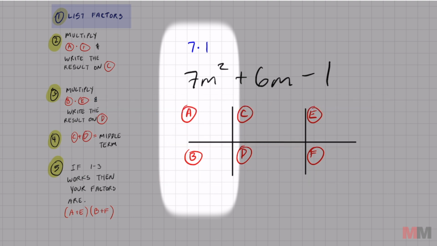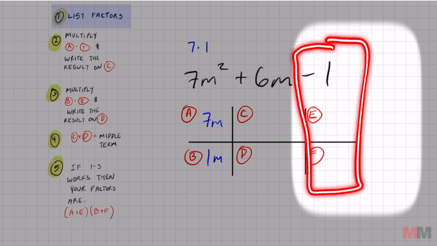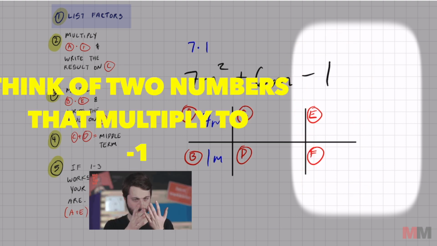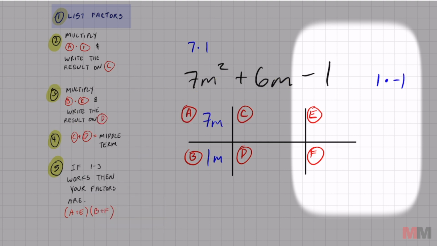So we're going to write 7m and 1m, because 7m times 1m is 7m squared. And we're going to do the same for the last term, negative 1. Possible combinations to get me negative 1, I'm going to list on the side. One combination is 1 times negative 1. The other combination is just backwards of that, negative 1 times 1.